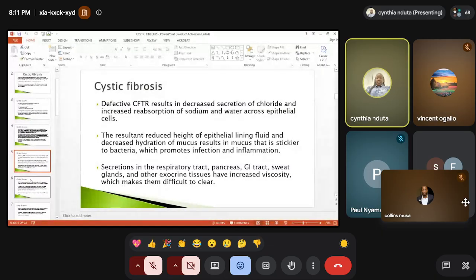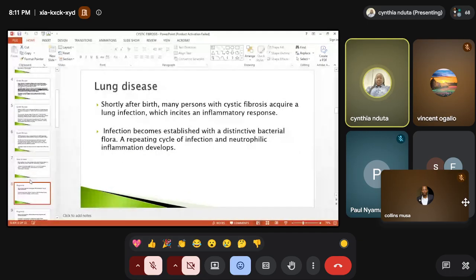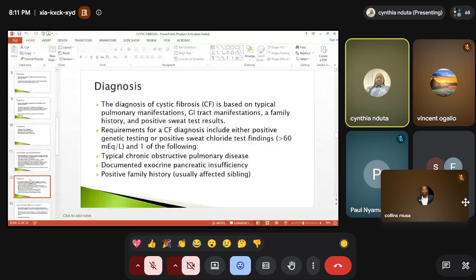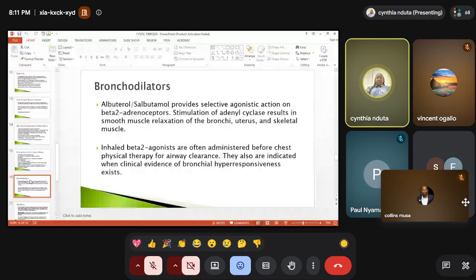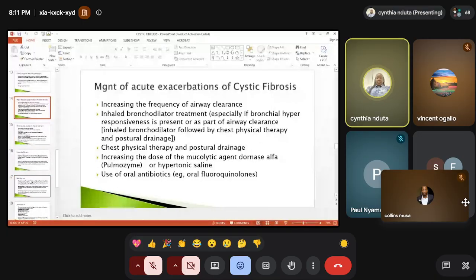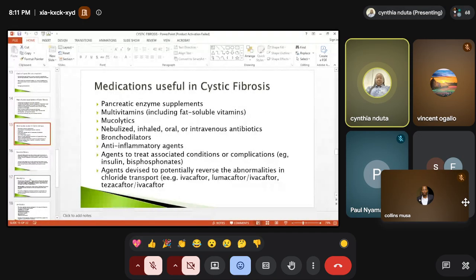So you have secretions in the respiratory tract, they are viscous, but also in the pancreas, in the GI tract, all those secretions are viscous and therefore they are not even moving as they should. That means that essentially these secretions that are supposed to contain enzymes are lacking. So what do you need to supplement? You need to supplement these pancreatic enzymes because they are lacking.